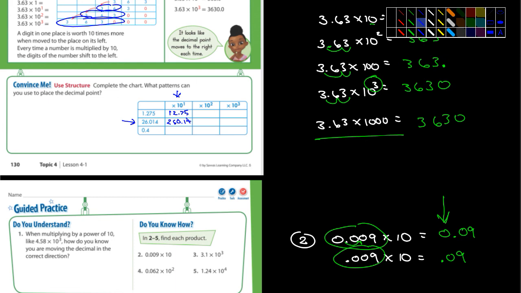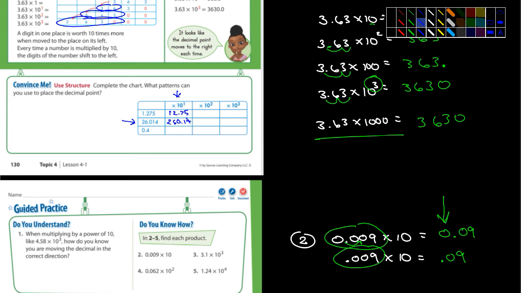Next one. Miss McGee, 0.4 times 10. Think about what we've been doing. How many times have we been moving the decimal over in this column? One time, right.